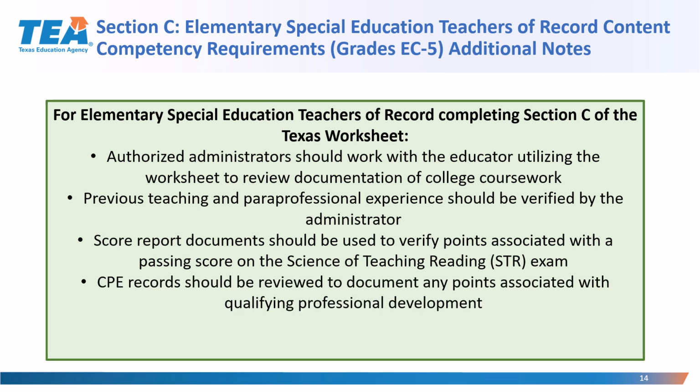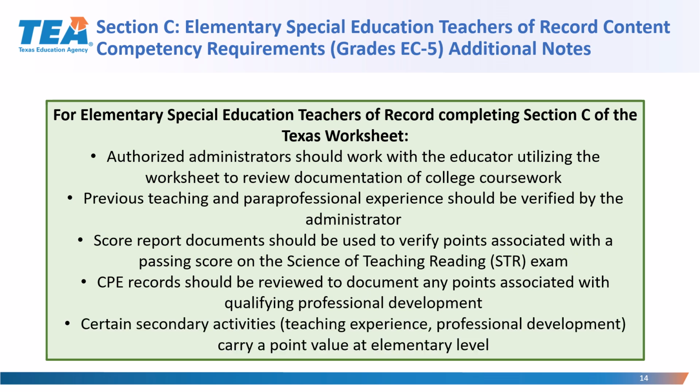CPE records should be reviewed to document any points associated with qualifying professional development. And as a note, certain secondary activities, including teaching experience or professional development, do carry a point value at the elementary level.